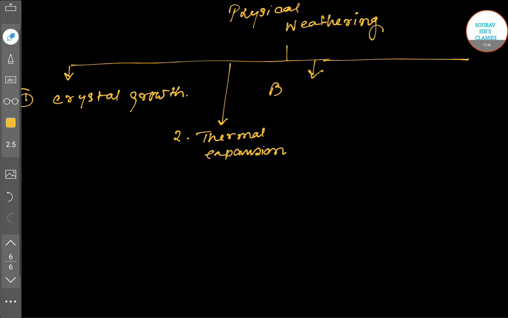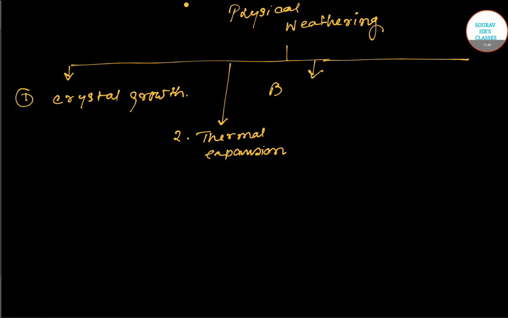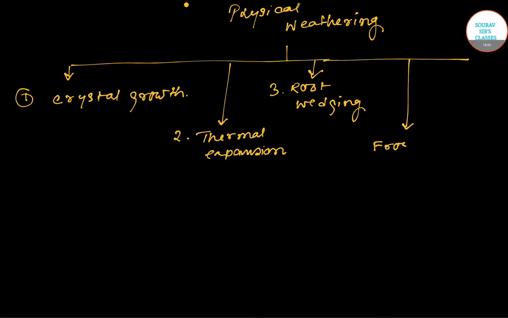Let me write it. Let me use the eraser. Okay, so the third one was root wedging. The fourth one was, I guess, frost wedging. So this is the fourth one. And the last but not the least one was animal activity.